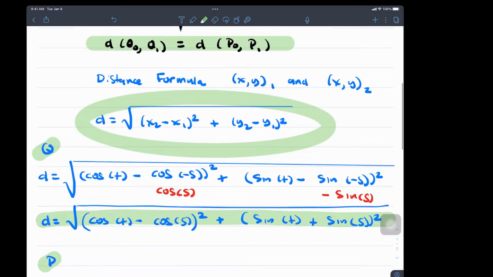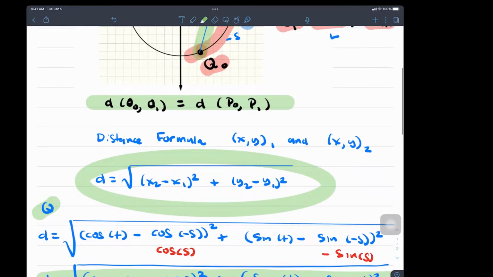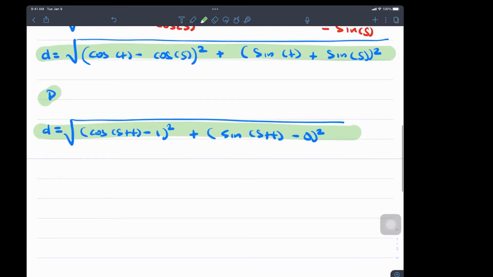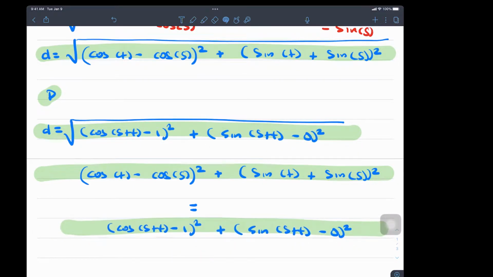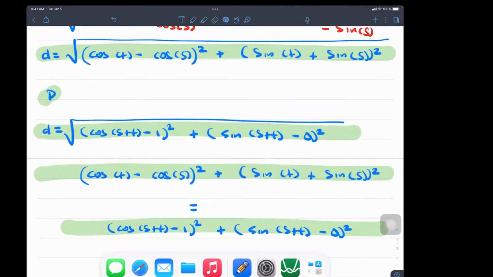Okay, so this expression up here is saying that these things are equal. So now what I have to do, since they're equal, is set this the same as what we have here.